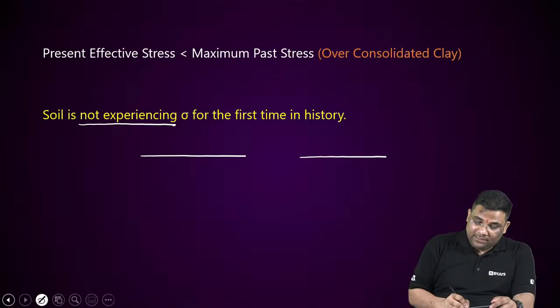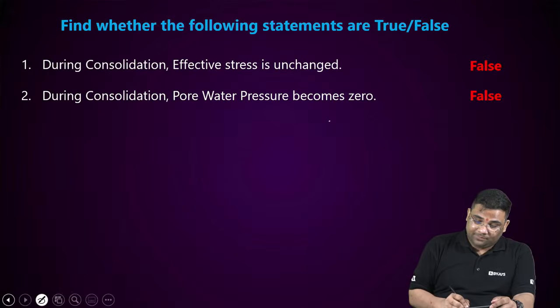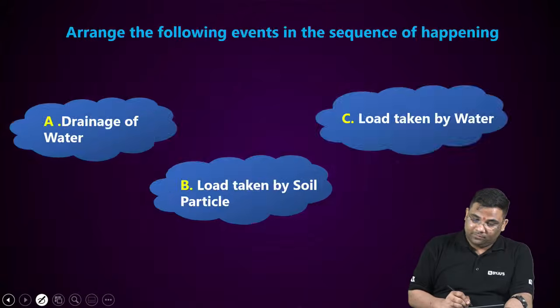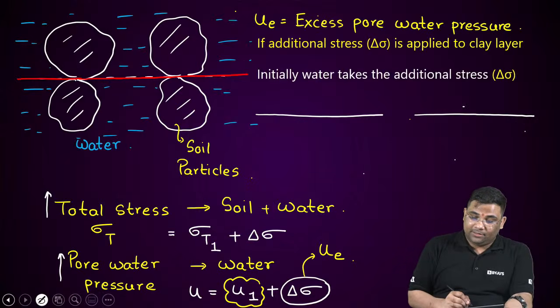Now coming to the future classes, let us see what is there for the future classes. This is what we have studied today. I have mentioned the future classes, so let me take you to that slide.